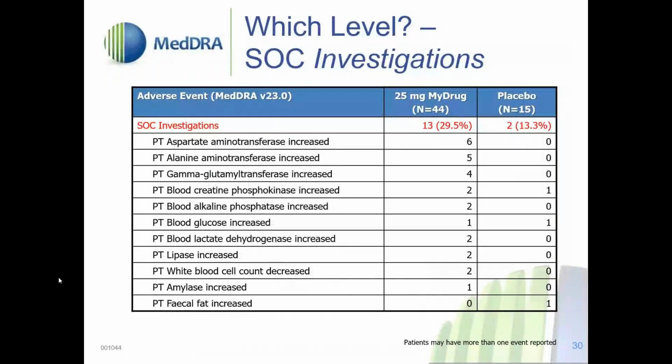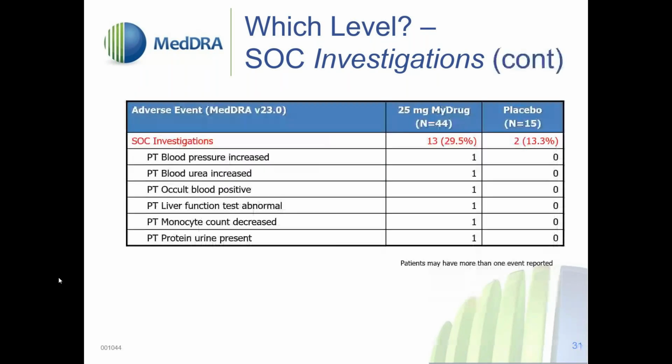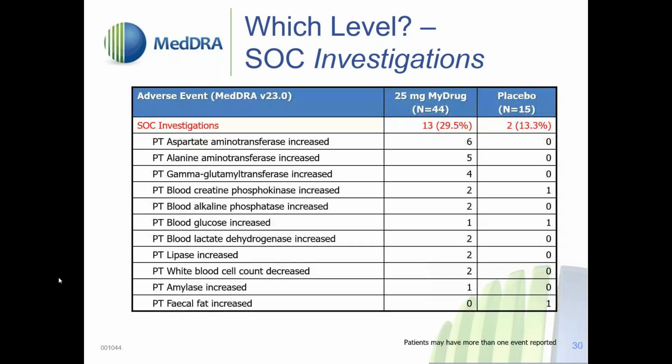So here we have a practical example, because we discussed already that the MedDRA grouping levels might be helpful in looking at our data. We are looking at an output. It's a very short one, just 2 slides. We are just looking at the SOC investigations, and we have the study data of a very small study of 25 milligram of my drug given to 44 patients, and placebo to 15 patients.